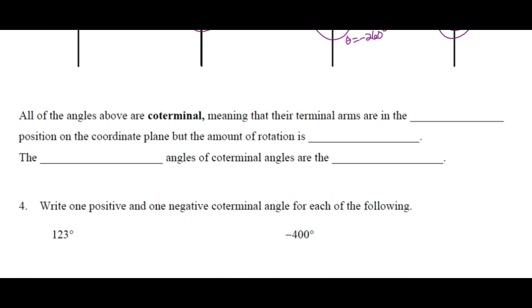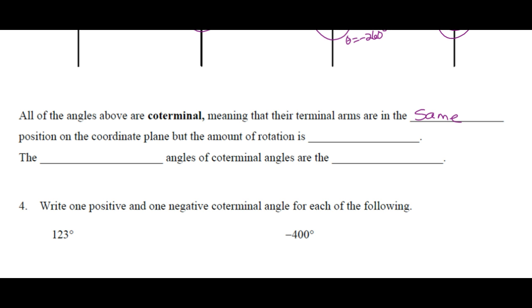So all the angles above are coterminal, meaning that their terminal arms are in the same position on the coordinate plane. But the amount of rotation is different.